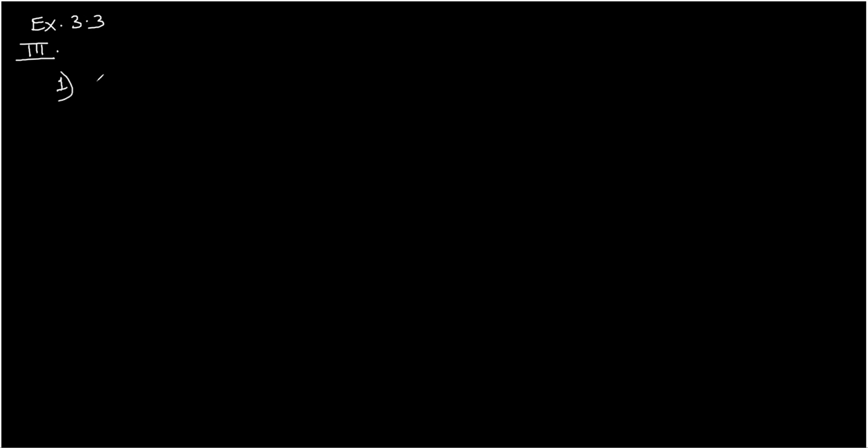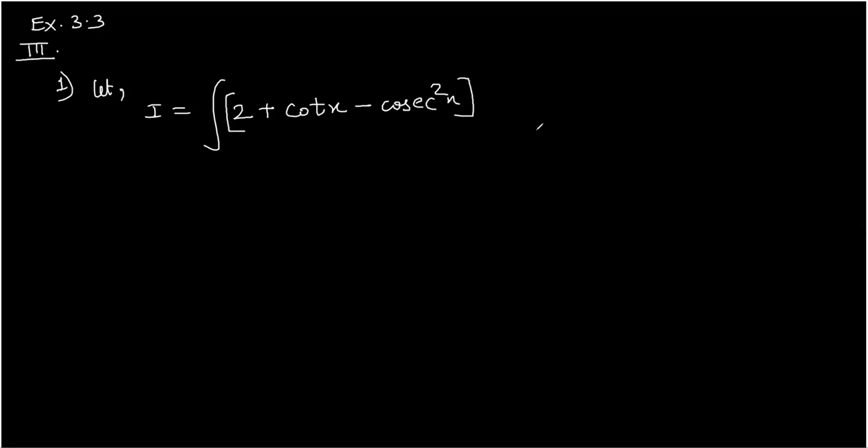So here I write let I equal to, they give me the integral, I have to evaluate it. So it is the integral of 2 plus cot x minus cosec square x, 2 plus cot x minus cosec square x, into e raised to x dx.